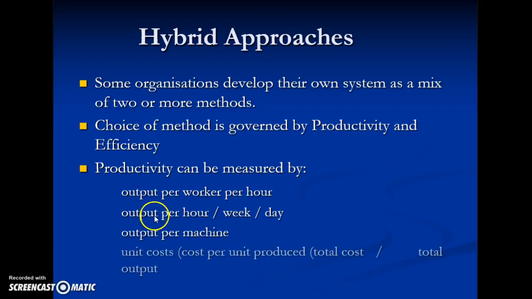But then, output per hour, output per machine, and your unit costs can all be measured. So when it comes down to production approaches, it really isn't black and white as to job, batch or flow. Most commonly, we get hybrid approaches, dependent on the type and nature of the organisation, what it's trying to do for its stakeholders, and what it's trying to achieve overall.